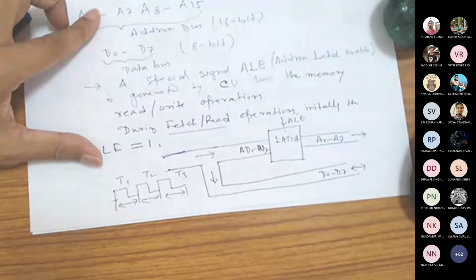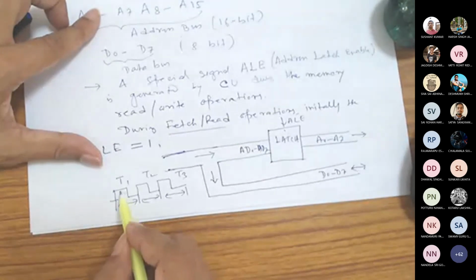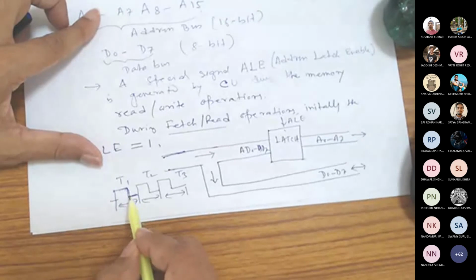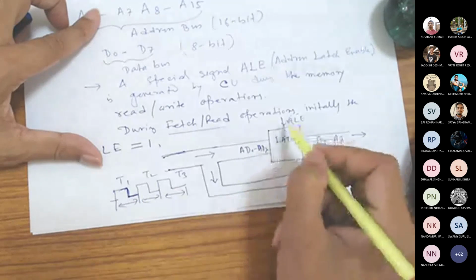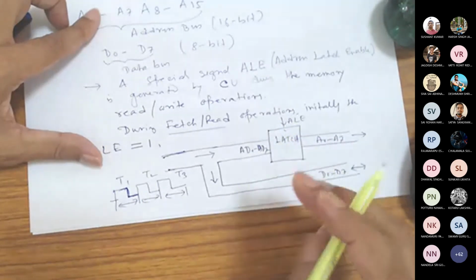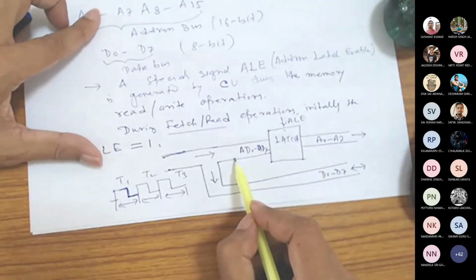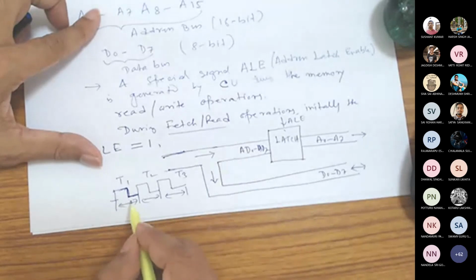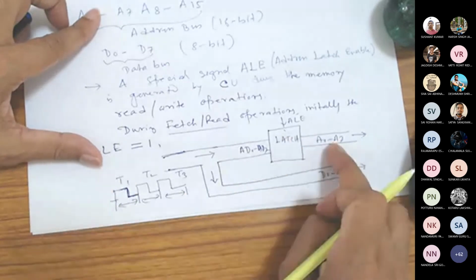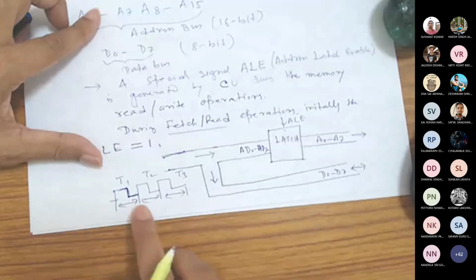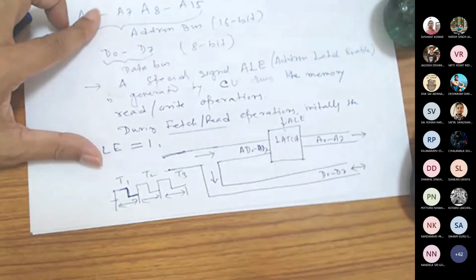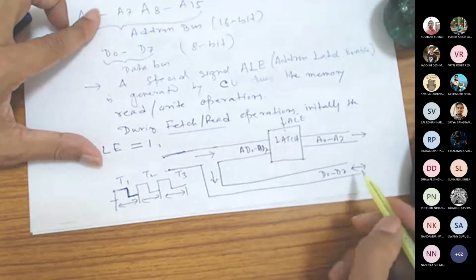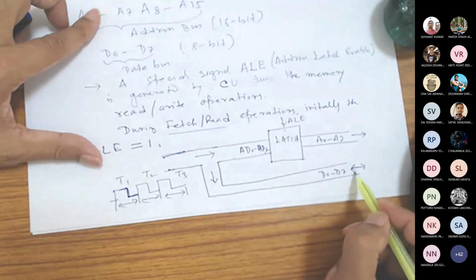Now, in the first clock cycle, this particular edge is the mark where the address latch is enabled, and after this point the latch is disabled. That means the value available during the first clock cycle is taken to be the address, even if the same value goes here. But from the next clock cycle onwards the value may change, because in a read operation the new value will come from here.